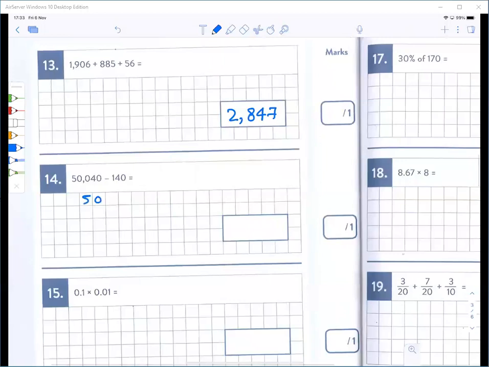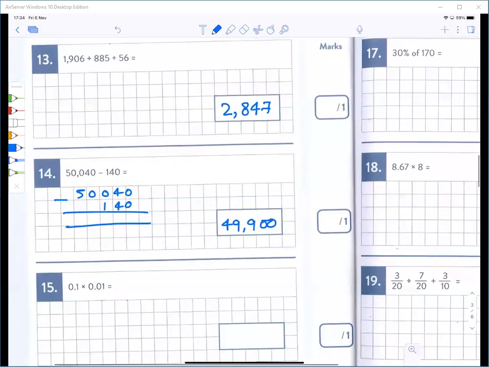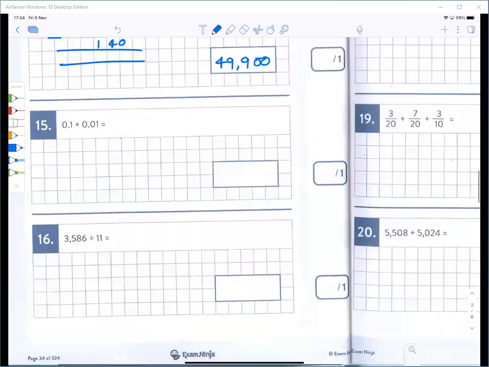So it's 50,040. Put the 140 in the right place and do the relevant amount of borrowing wherever we need to. And that gives us a nice answer of 49,900. Okay, so I've done those quickly because they're straightforward questions. You don't really need help on those. They're just really easy, inshallah. Hopefully they should be easy.